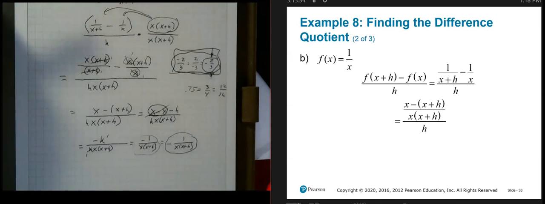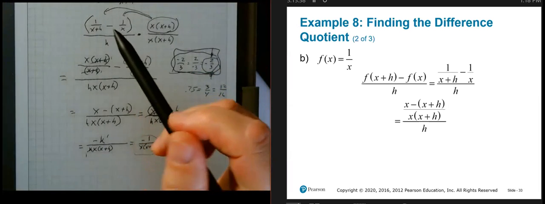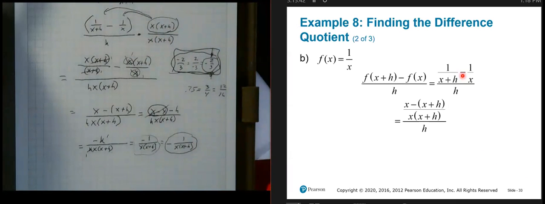So they did it, and yeah, this is a difference between how the textbook does it and how I do it. What they did here was they dealt with this by combining these, by multiplying both by the common denominator, and then wrote it as one fraction.